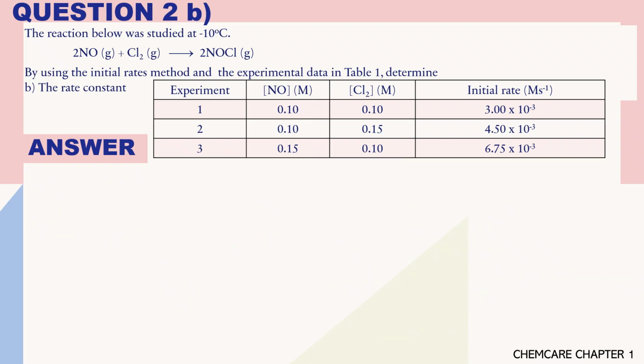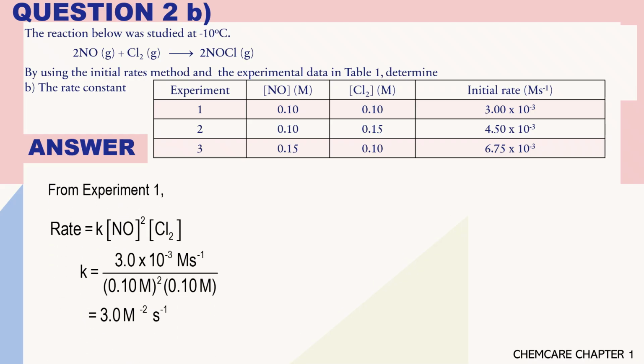Question number 2b. To calculate the rate constant, we can take any experimental value. For example, I took the experiment 1 value. So rate equals k times [NO] to the power of 2 times [Cl2]. So k equals 3 × 10^-3 over 0.1 to the power of 2 times 0.1.